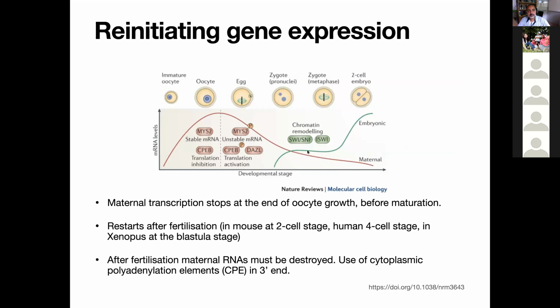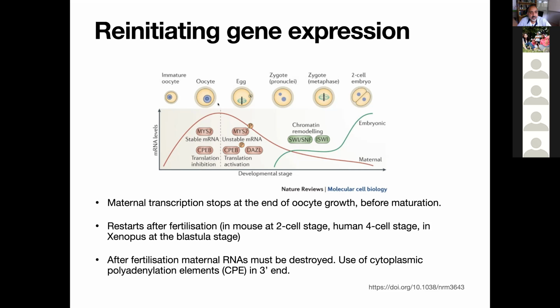The other thing that needs to happen is reinitiating gene expression. The maternal transcription stops at the end of oocyte growth before maturation, but restarts after fertilization. What oogenesis does is bring in maternal RNAs and proteins to carry through the egg after fertilization.